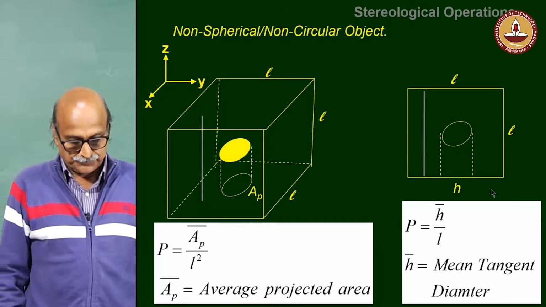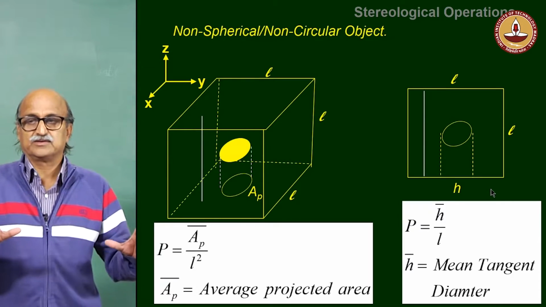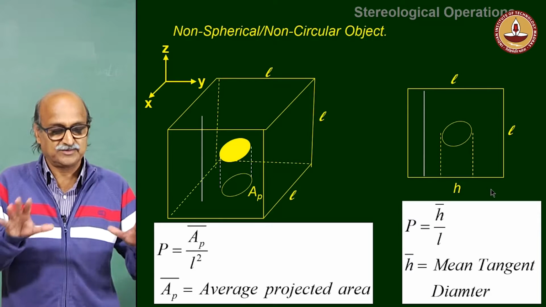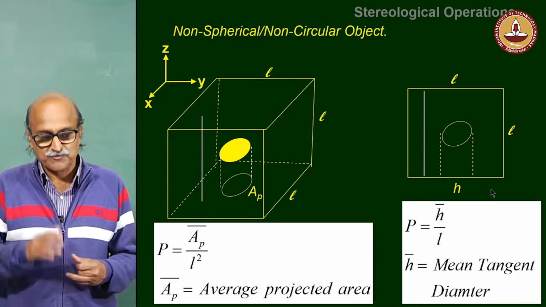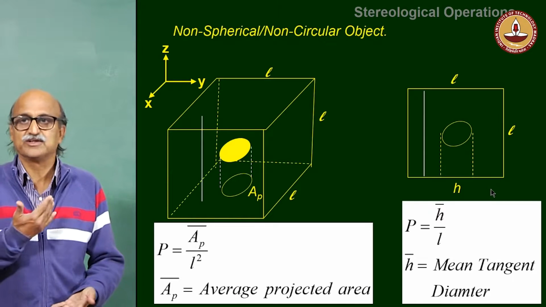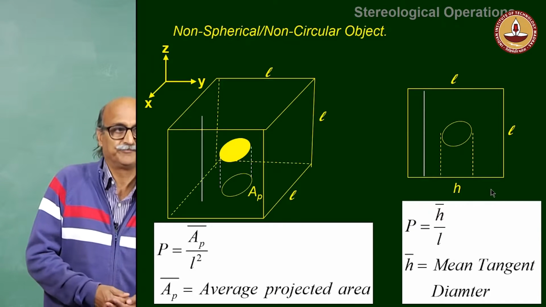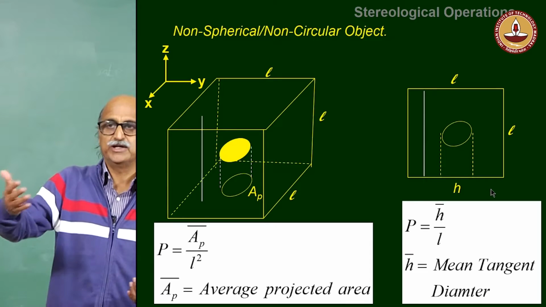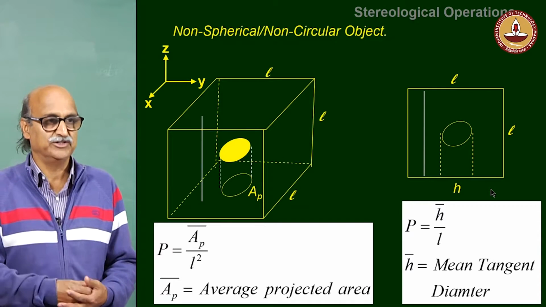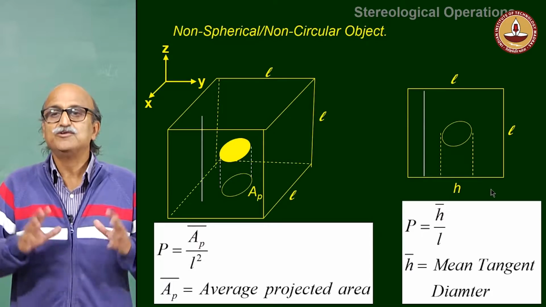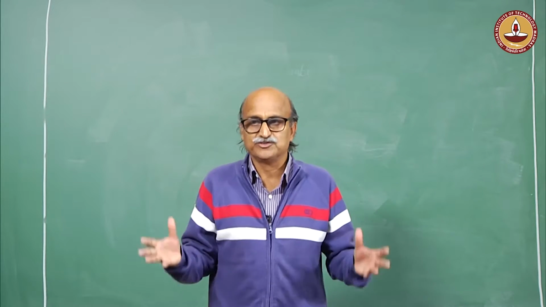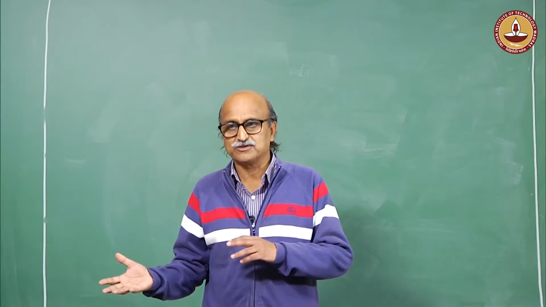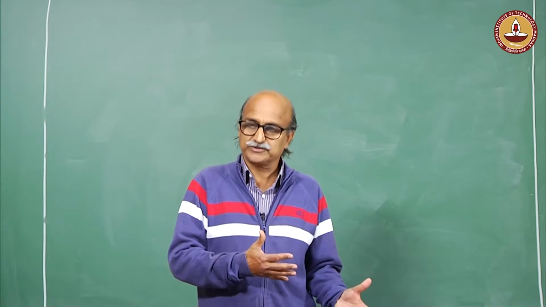So, these were the basic stereological operations, but before we proceed further, we need to understand how we can take these averages to obtain, for example, the mean tangent diameter and so on, which means we need to define orientation in space, whether it is a 2-dimensional space or the 3-dimensional space.